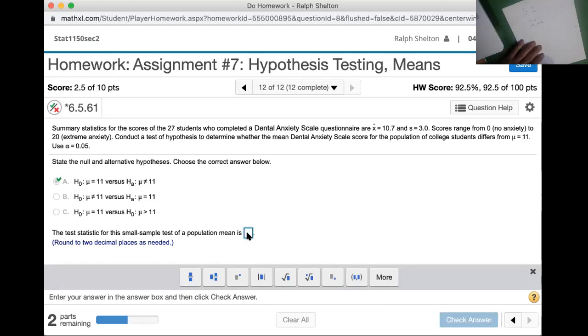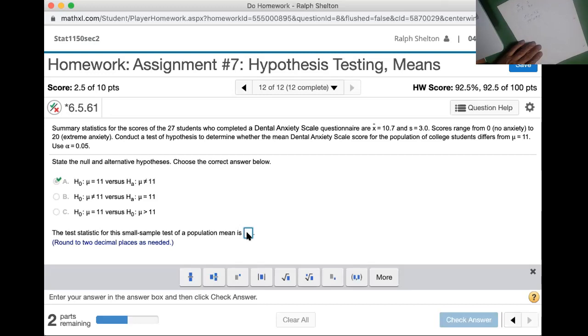Now, we have 27 students, so that's a large sample, greater than 25. But this problem doesn't say anything about a normal population.